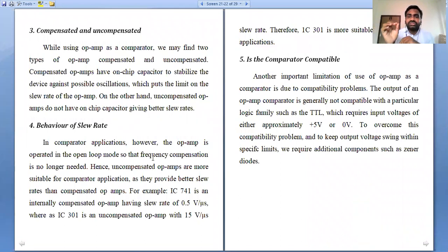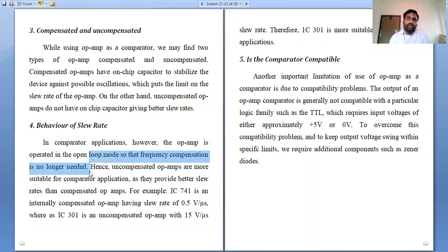So in this condition we don't need any frequency compensation. We studied frequency compensation in the linear applications of operational amplifiers, like the dominant pole technique, the pole-zero method, and capacitor compensation. These are the various frequency compensations we studied in our linear applications.